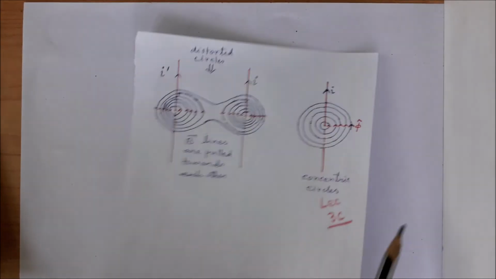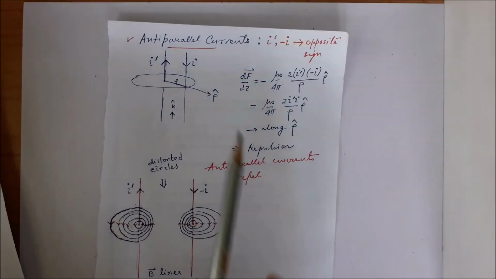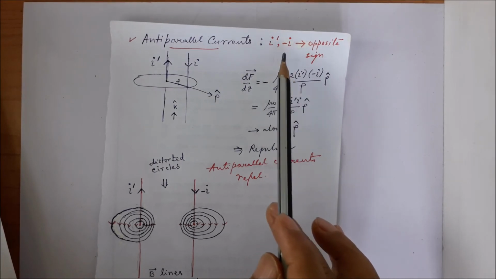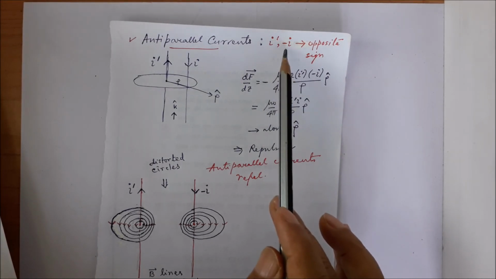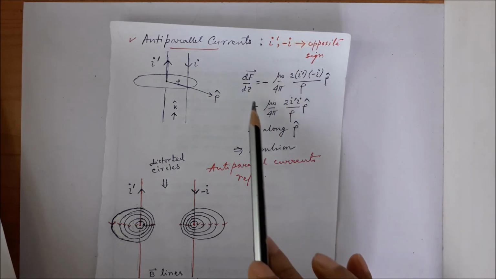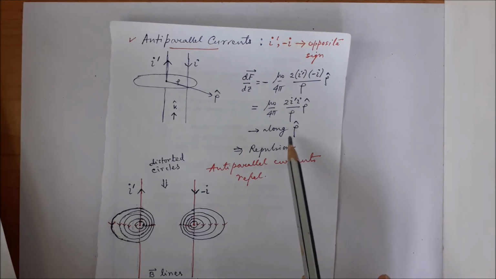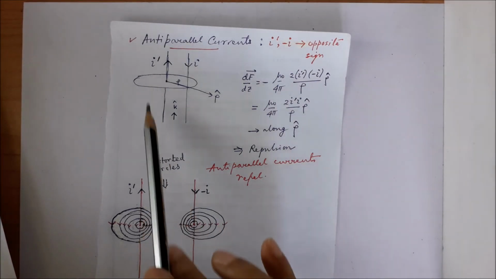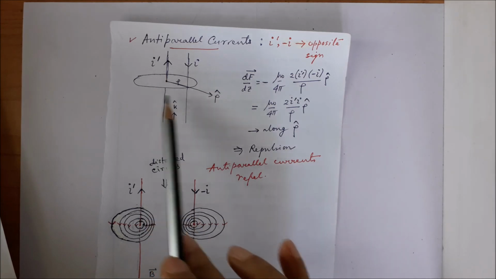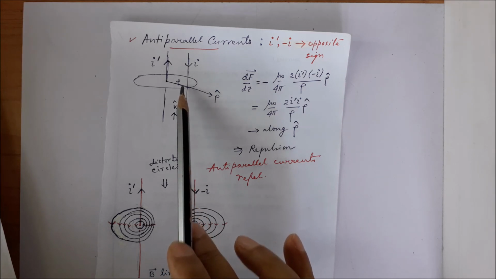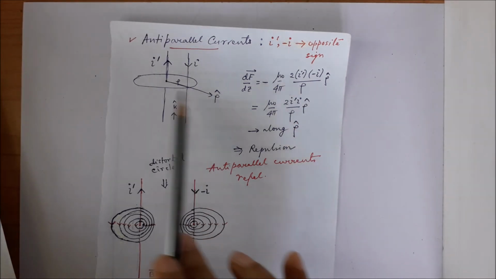For antiparallel currents, I prime and I are opposite, and so we have attached a negative sign here, and when put in this formula, dF/dz is along rho cap. So if we hold I prime, the source wire, fixed and release this field wire I, then it would move away from the origin.